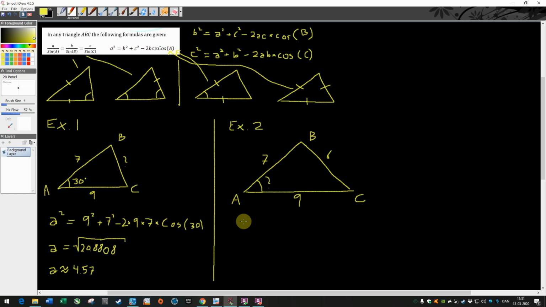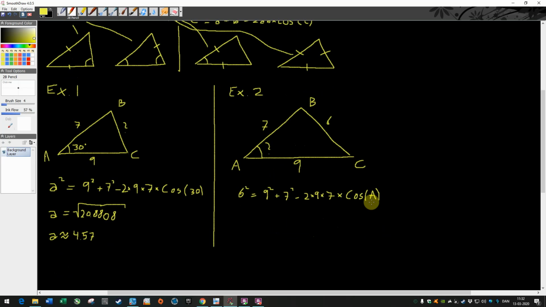So A is 6, so it is 6 squared, which is equal to B squared, which is 9 squared, plus C squared, which is 7 squared, minus 2 times B times C, which is 7, times cosine of the angle A.